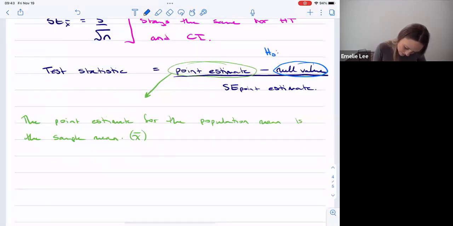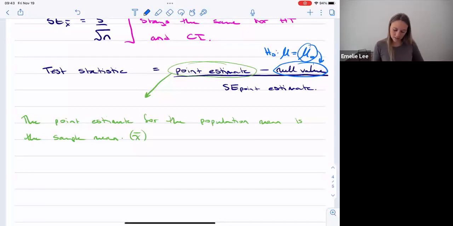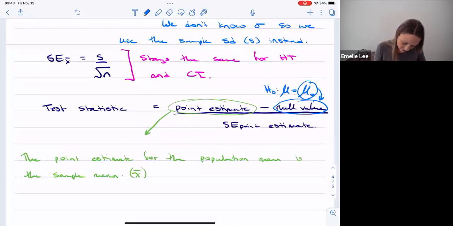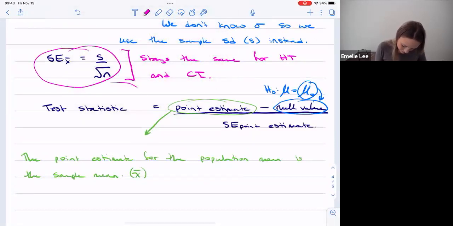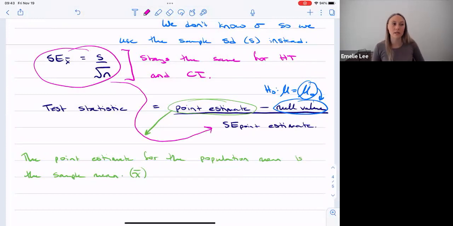The null hypothesis is that mu equals some mu naught. So then this mu naught goes here. And we already said the standard error for X bar, because that is the point estimate, is S over root n.